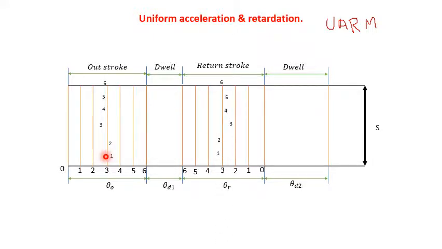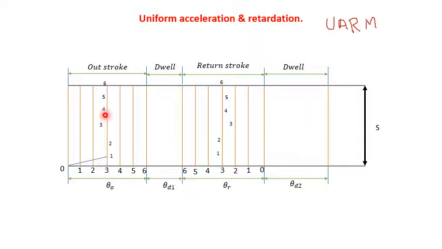Then here also in the return stroke I'm going to divide this middle line into 6 even equal parts. Since in the outstroke it has to start from origin or 0, from this 0 or origin, draw a line to the first division.